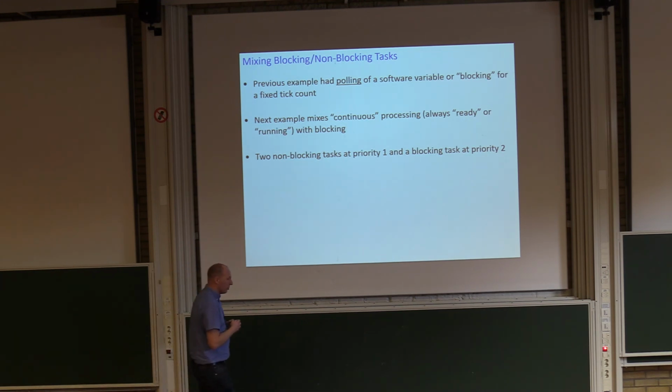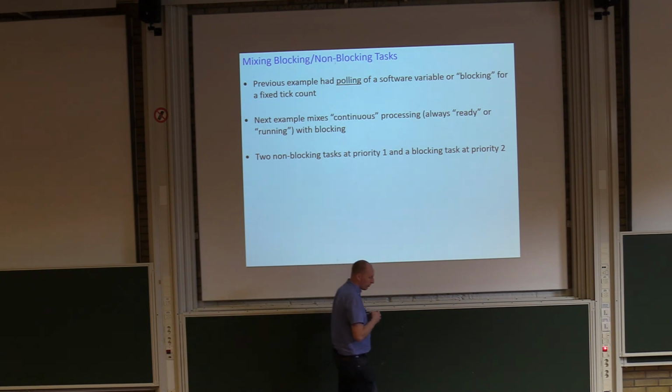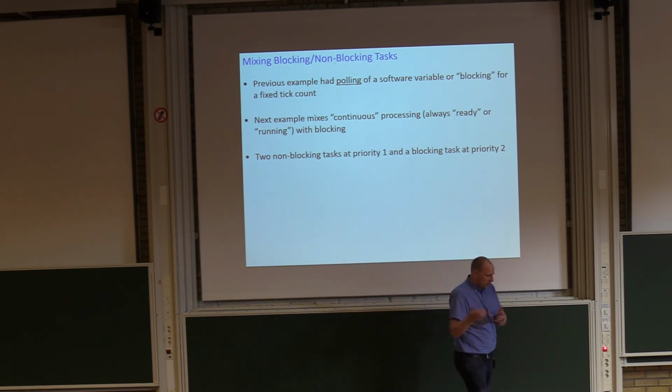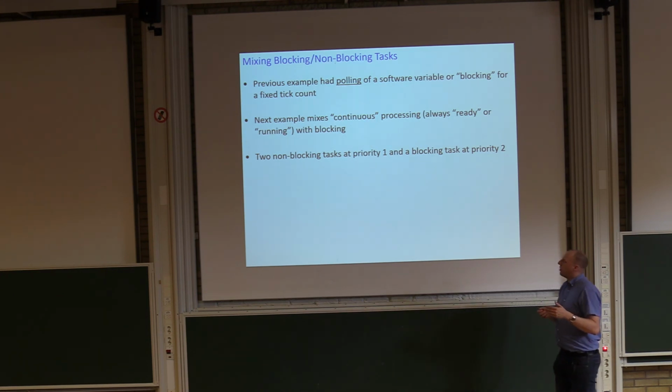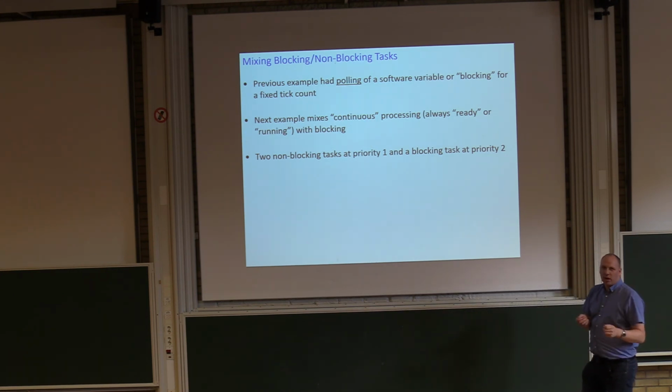Or if we have some piece of code that should be executed once some variable has changed state, for example some value from the AD converter, then it's better to let the hardware tell me when the variable has changed state, and then we will execute some code instead of just keep on checking the value of the variable all the time.